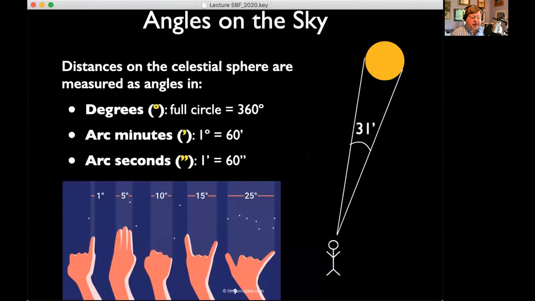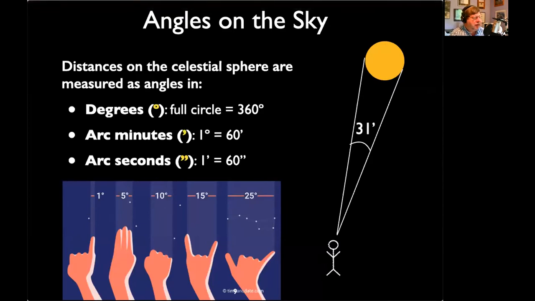So angular measurements, again, this is just a refresher. Angles are everything in astronomy because we often don't know the true sizes. All we know is how far apart things are in the celestial sphere. We measure distances on the celestial sphere with degrees. You're all familiar with degrees. Each degree is broken up into 60 arc minutes.